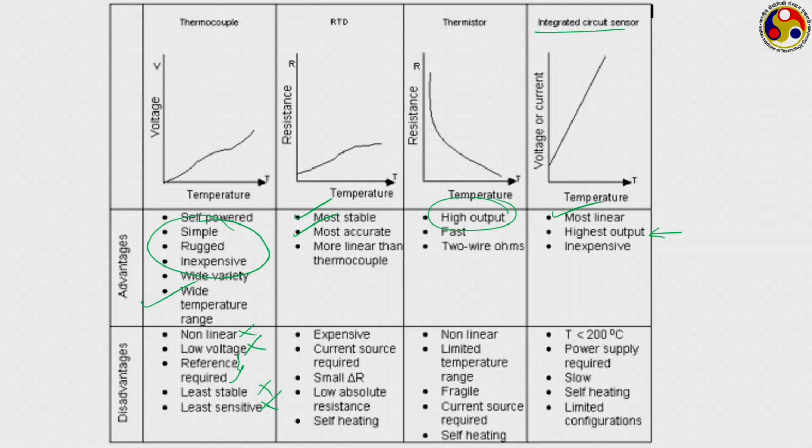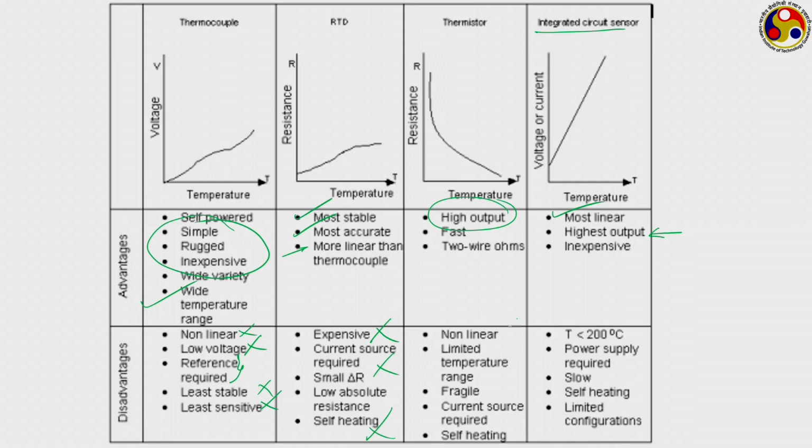RTDs also give a wide range of operation, and their output is much more linear compared to thermocouples and thermistors, but their problem is they are expensive. We need a current source, and there is the self-heating problem, the I squared R loss, which can be significant; the lead wire losses can also be quite significant with RTDs.